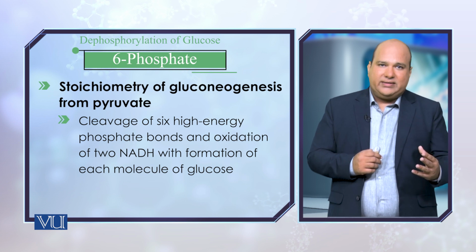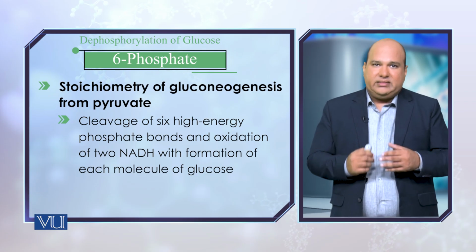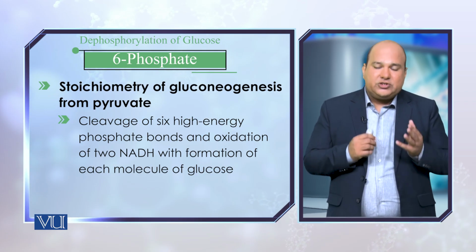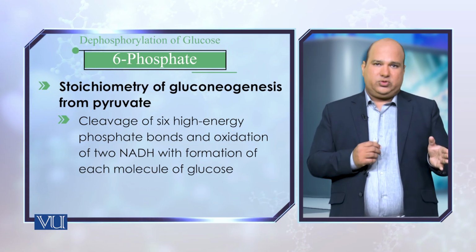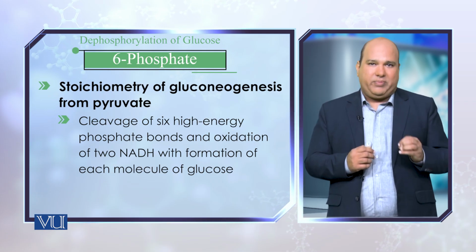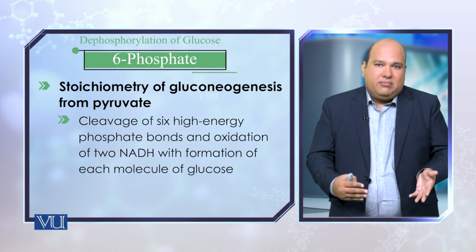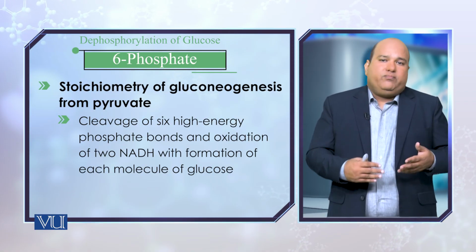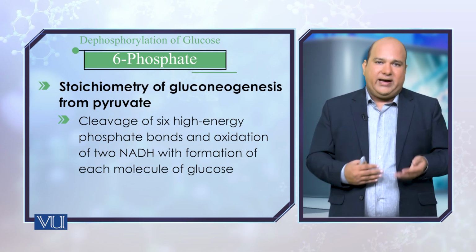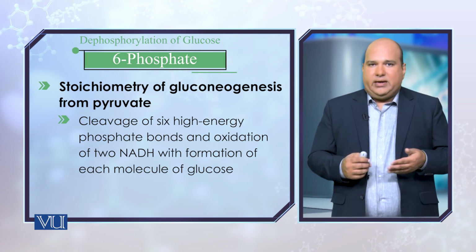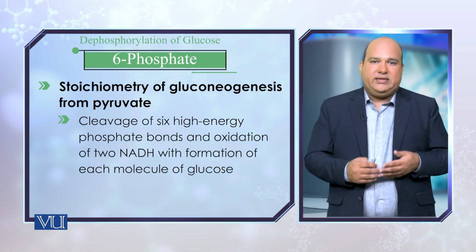So altogether there are 8 high energy moieties involved in the process of gluconeogenesis, which shows you not only that it is a very energy demanding process, but also the importance of glucose for our body. No matter how much energy you have to invest, glucose is so important that at any cost of energy, you require glucose. You require it for the proper homeostasis of the body, for the very existence of living systems.